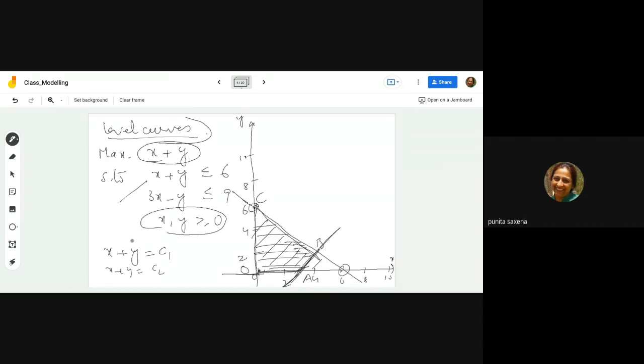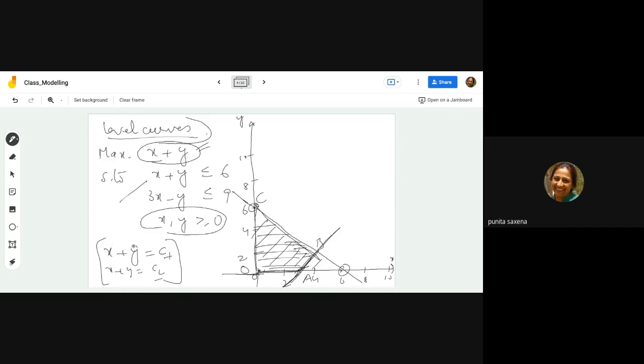They will be a set of parallel lines because their slope is the same. It's only the intercepts that change. So by giving different values to the objective function, we get a set of parallel lines in this case, because we just have two variables.